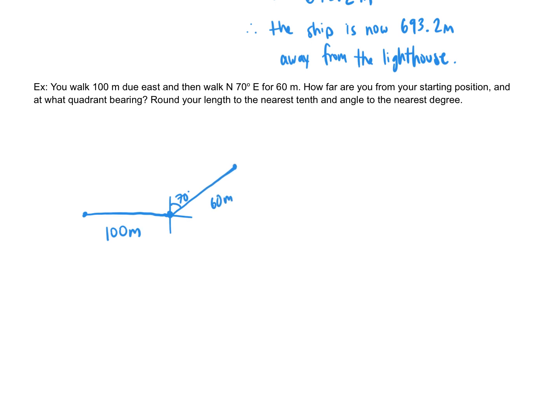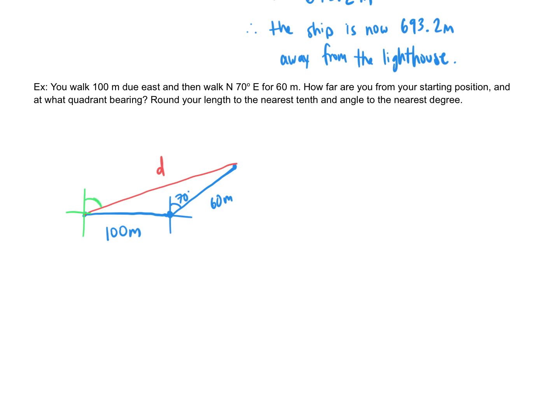And we want to know from start to end, what is the distance? I'll just label D for distance, and at what quadrant bearing. So I'm going to put a little compass at the start to see what my quadrant bearing is from the start to the end position.